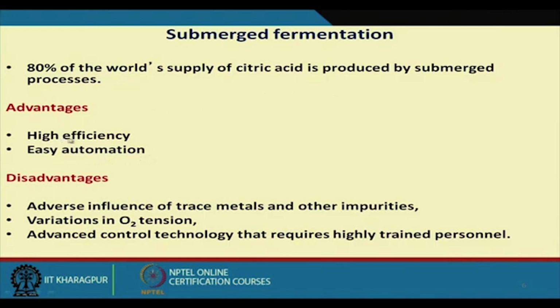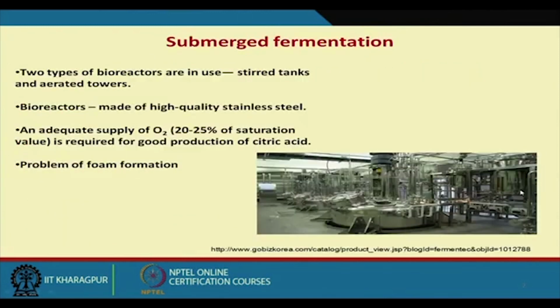It is considered highly efficient and easy to automate. The disadvantage is the adverse influence of trace metals and other impurities, and variation of oxygen tension. Advanced control technology is required, needing highly trained personnel, because since it is a fast process, you require trained personnel for the operation of this process.